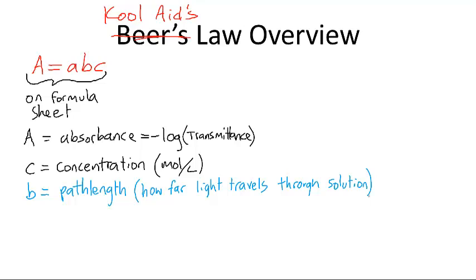Now, when we do experiments in the lab, what do we do with the path length? Do we change the path length? No, we keep it constant by using a cuvette of the same size the whole time. So really, this is always going to be held constant in our experiments.